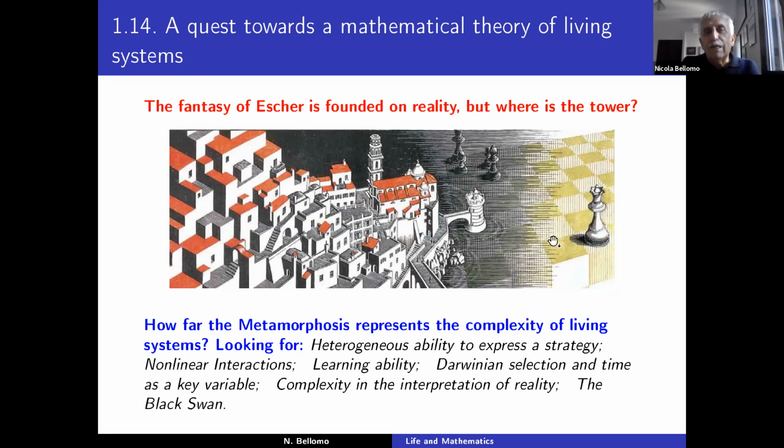So now a little excursus. We are human, and not only mathematicians, and the mathematician can also be a human with feelings, philosophy, and ideas. So I take this beautiful representation by Escher, the Cornelis Escher, Metamorphosis, and the metamorphosis is evolution.